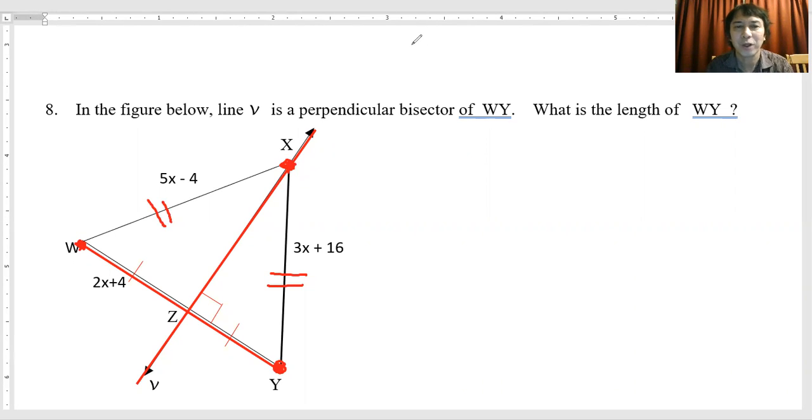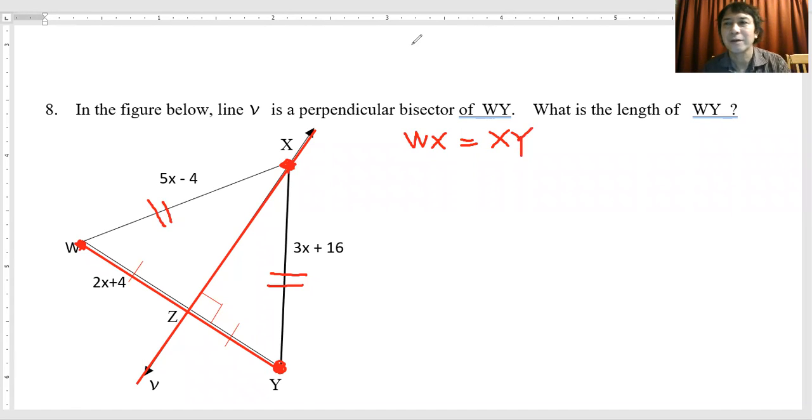And so we can solve for what is required. We're actually after the length of WY. We can make use of WX first. WX is equal to XY.